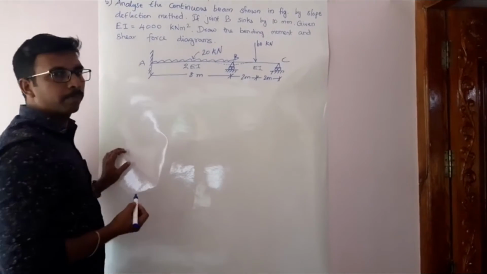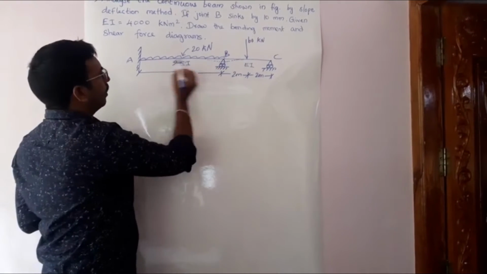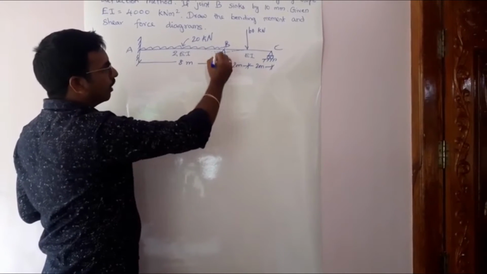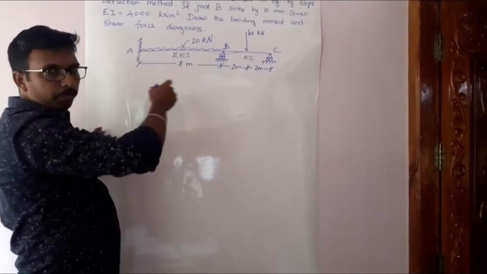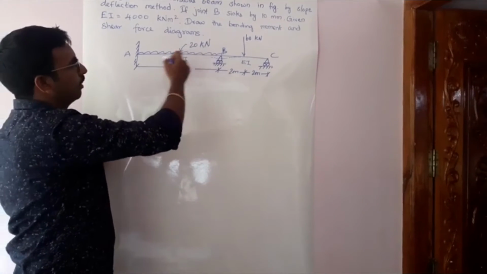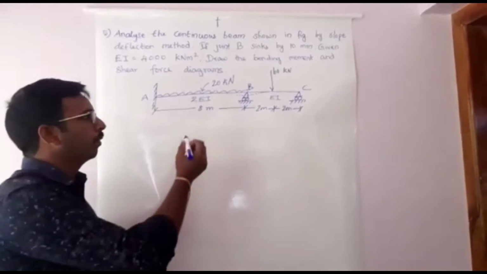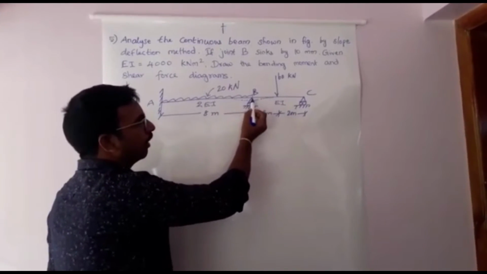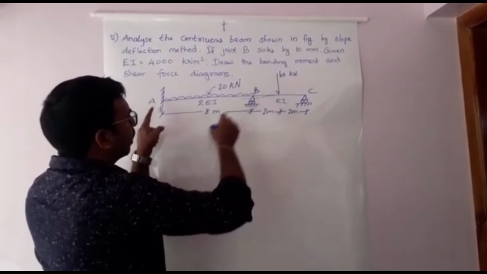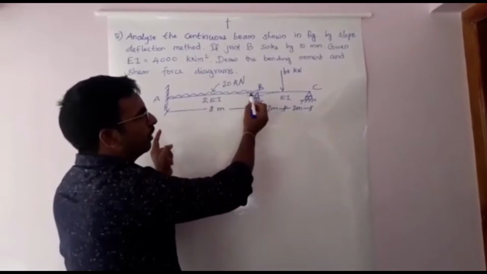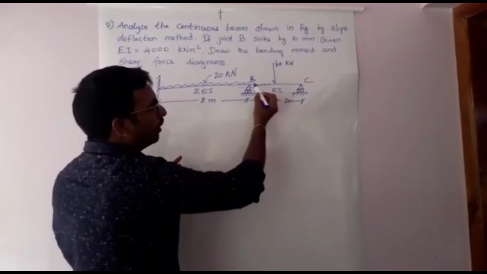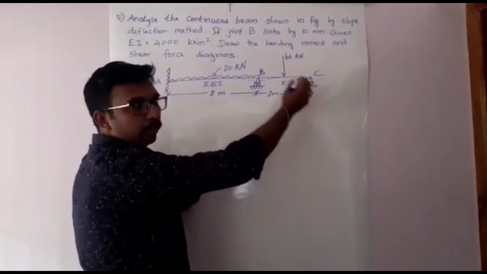In AB and BA, due to this sinking, a clockwise moment is created. If joint B sinks by 10 mm, it will create a clockwise moment here, and for BC it will create an anti-clockwise moment.